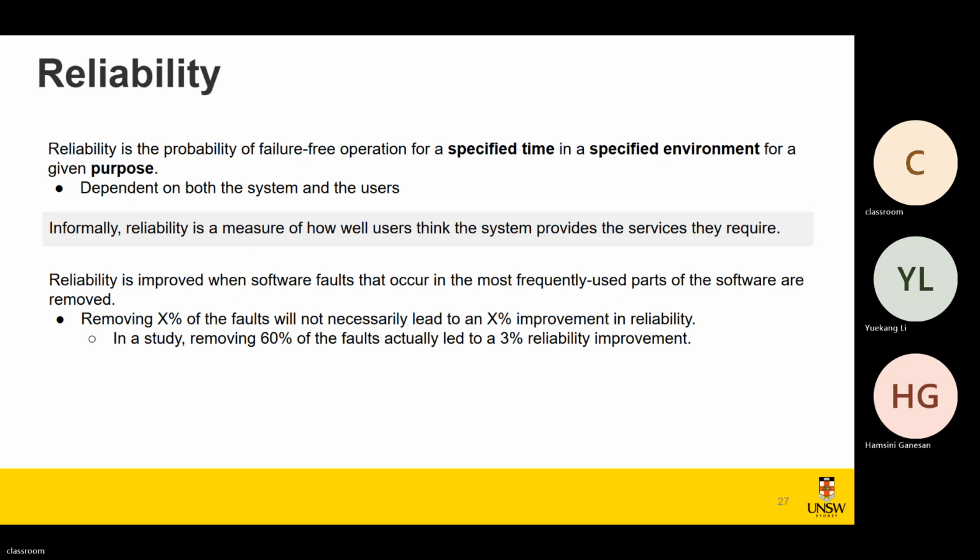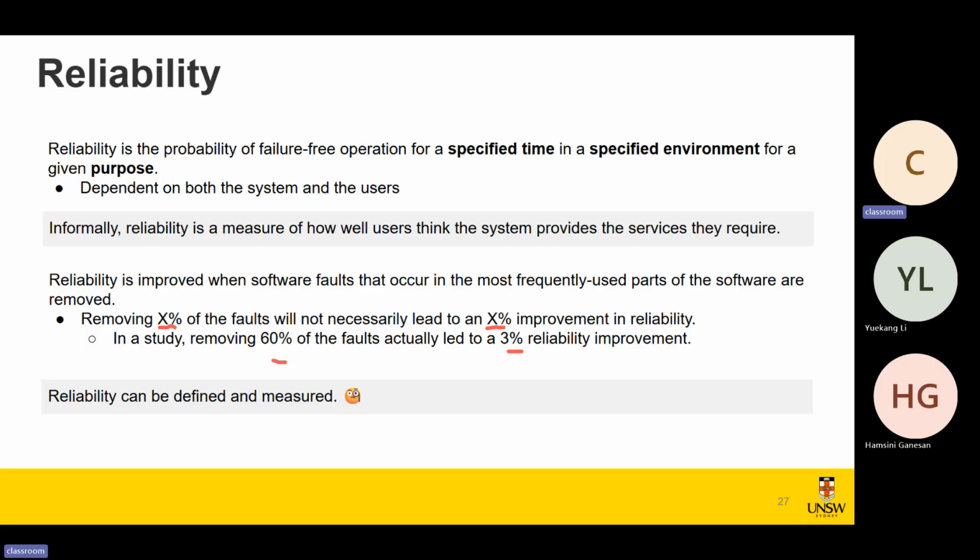However, removing a particular percent of faults does not necessarily lead to the same improvement for reliability. And actually, in a study, researchers have found that removing 60% of the faults actually only led to a 3% reliability improvement. So this is roughly the case.